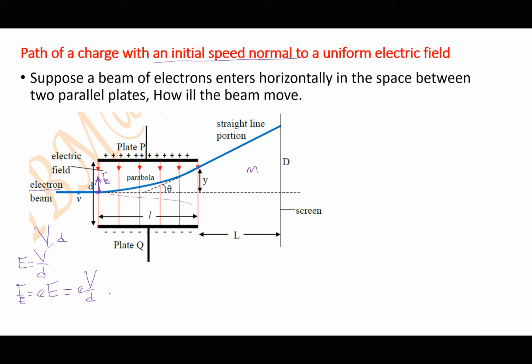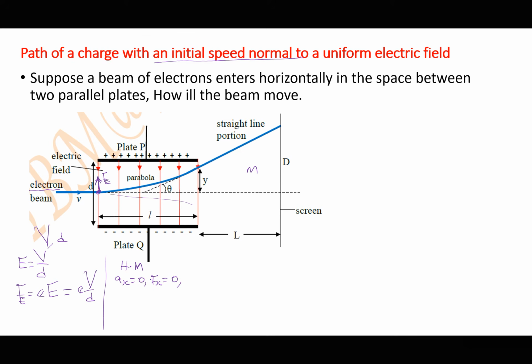Now, we are going to treat this the same way we treated projectiles in AS, because this is a uniform field. The force is constant, the acceleration is constant, so the equations of motion can be used. Considering horizontal motion, acceleration in the horizontal is zero because the resultant force in the horizontal is zero.